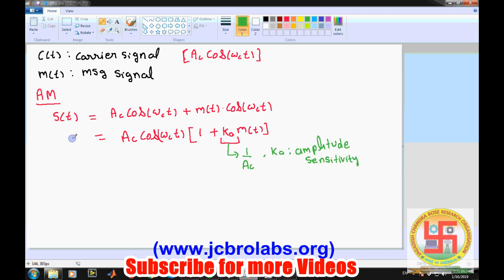So this is the complete expression of our AM wave, where Ac is the amplitude of the carrier wave and Ka is the amplitude sensitivity.